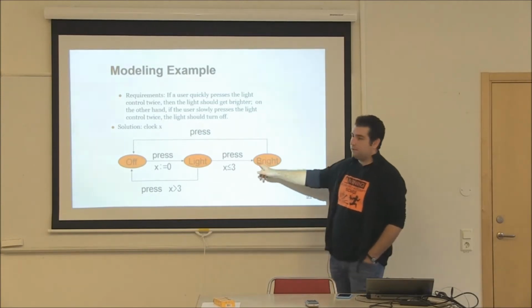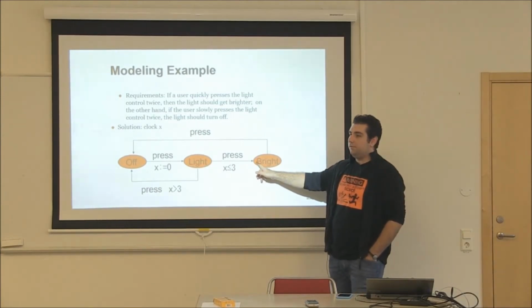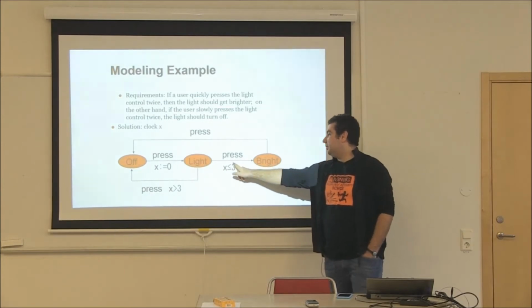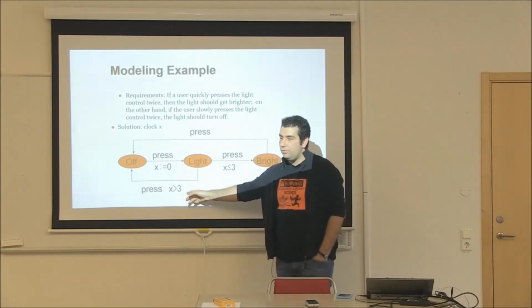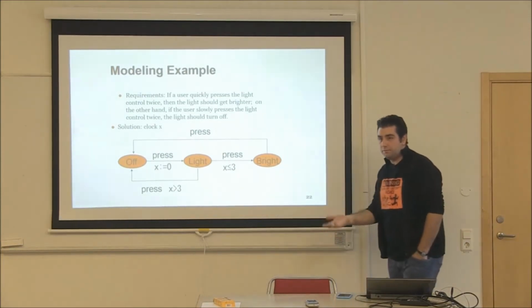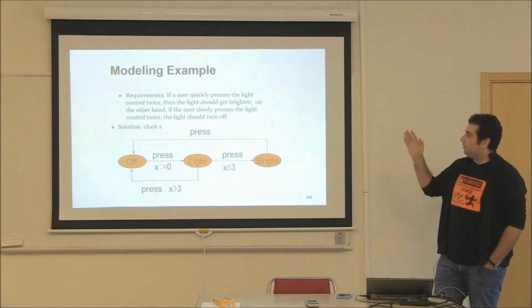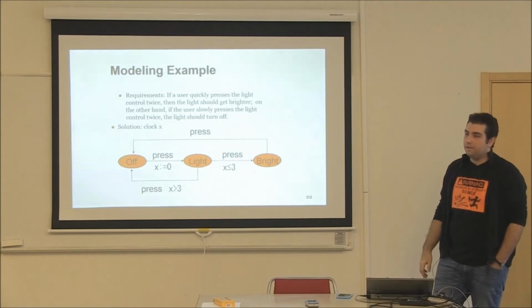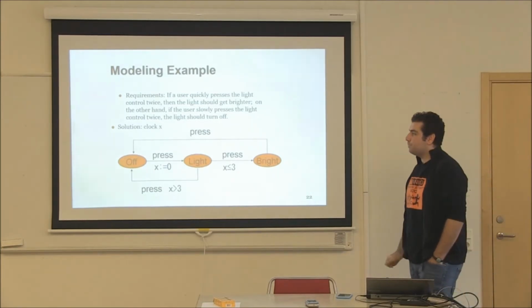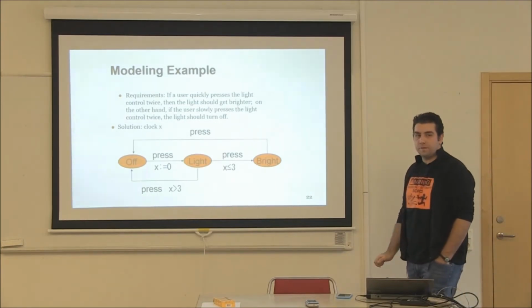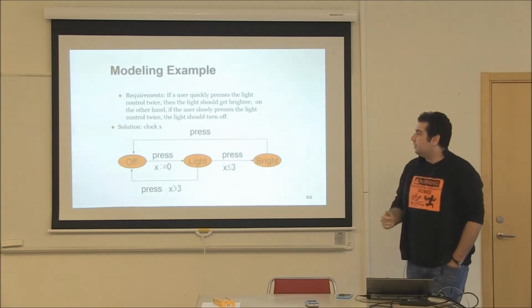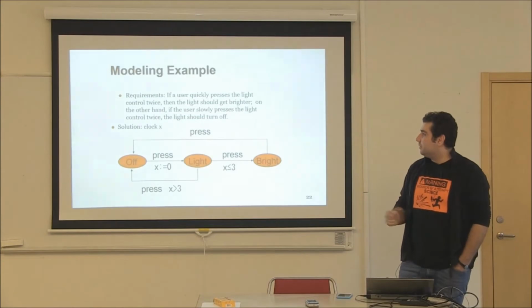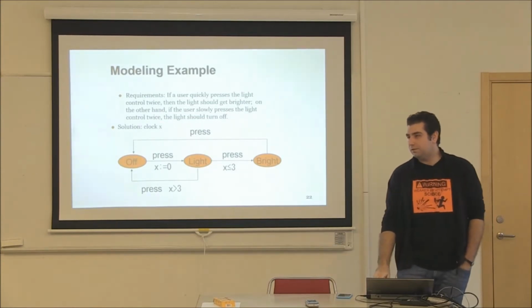If you press the button again in this interval, you go to bright. If you don't, you go to off. So this is a simple model that represents that requirement. Is it okay? Do you understand? There are more complicated models than this, but I think the requirement is actually quite simple.